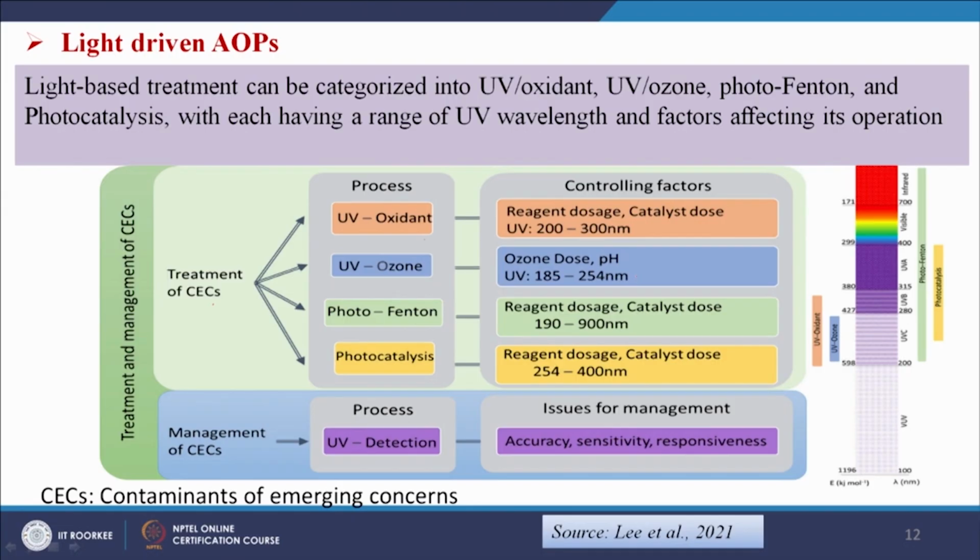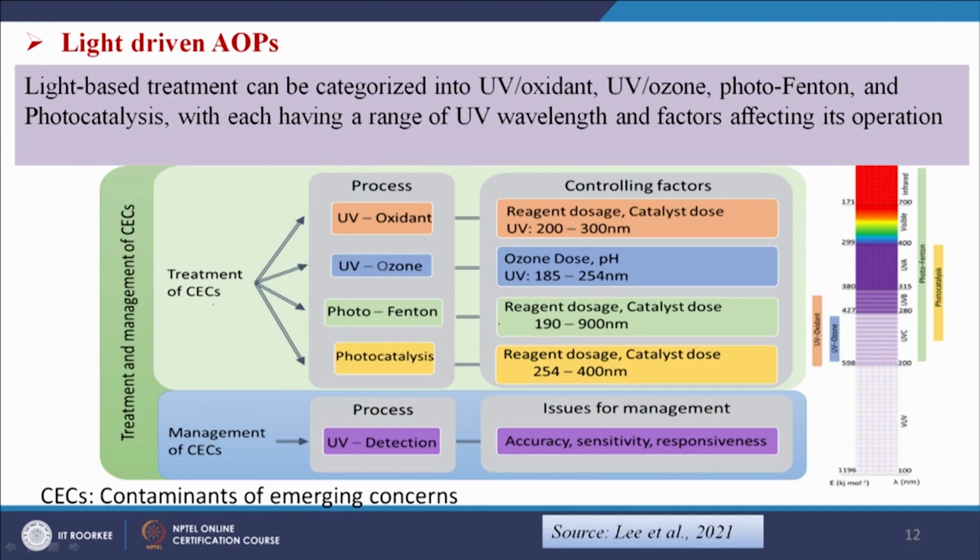Reagent dosage and catalyst dosage are both very important for photo-Fenton reactions, where light of 190 to 900 nanometer is used. In photocatalysis, reagent dose and catalyst dose are very important, and the light used is 250 to 400 nanometer.